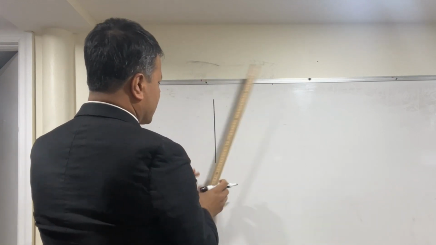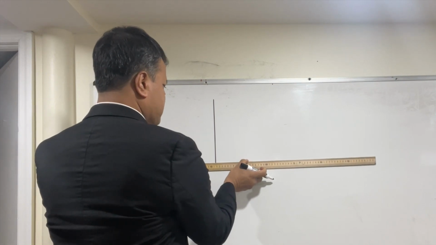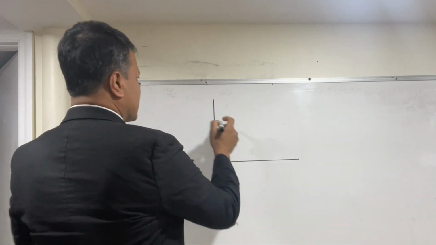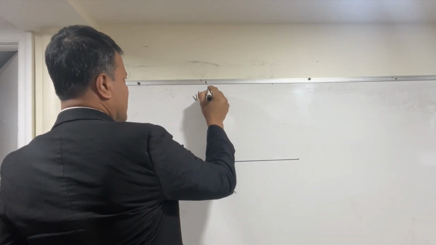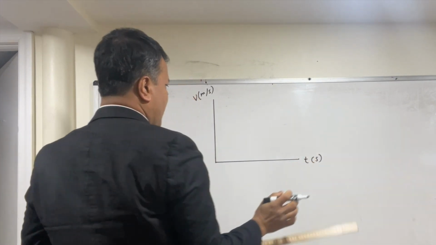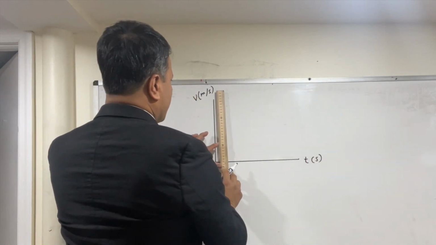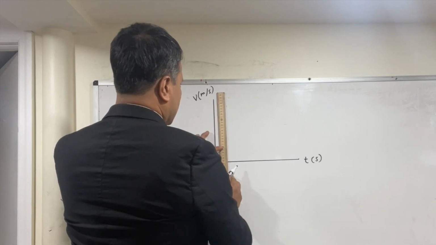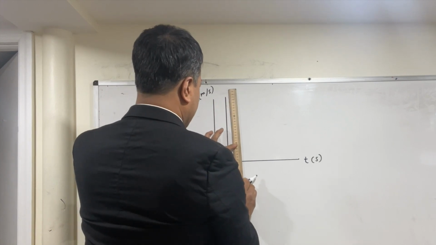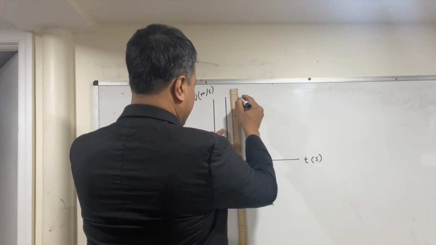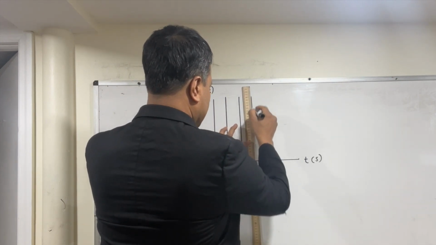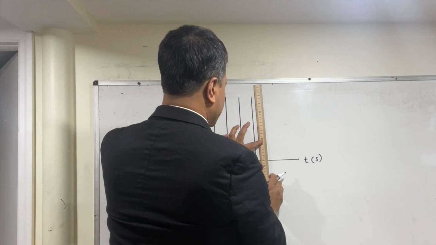So I'm going to give you a graph. This is how I created it, and I'm going to call this one velocity, which is the y-axis, and I'm going to call this one time, which is the x-axis. And maybe I'm going to give you a total trip of, I believe, 8 seconds: 2 seconds, 4 seconds, 6 seconds, and of course 8 seconds.